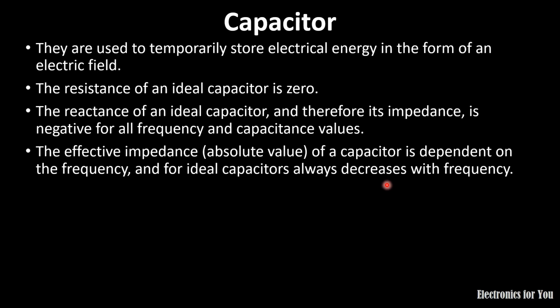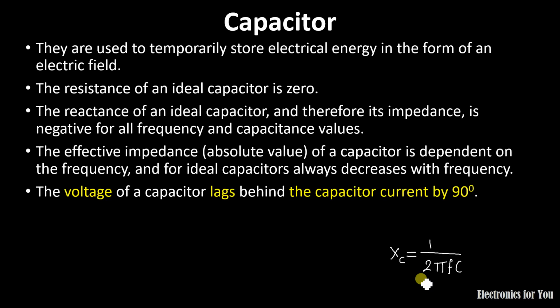It is because the resistance offered by a capacitor, that is Xc, also known as capacitive reactance, is given by the formula Xc equals 1 upon 2 pi f C. That is, capacitive reactance is inversely proportional to the frequency, and therefore as frequency increases, the capacitive reactance decreases and vice versa.